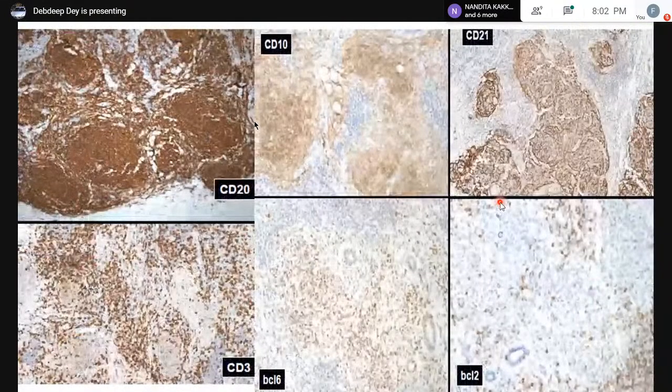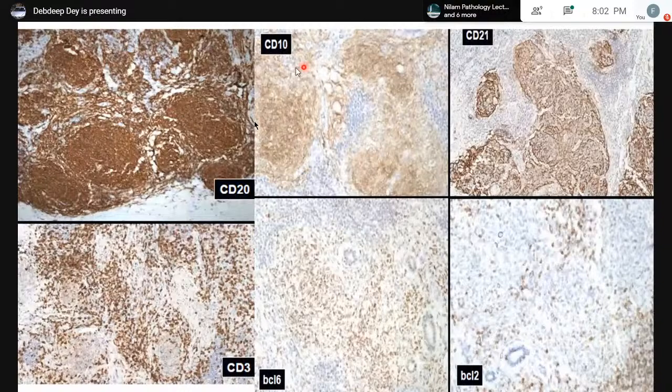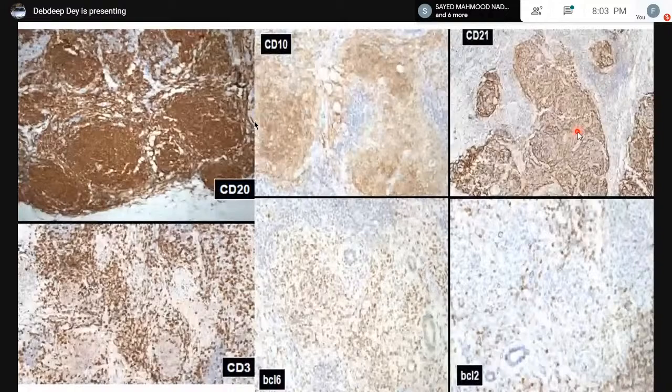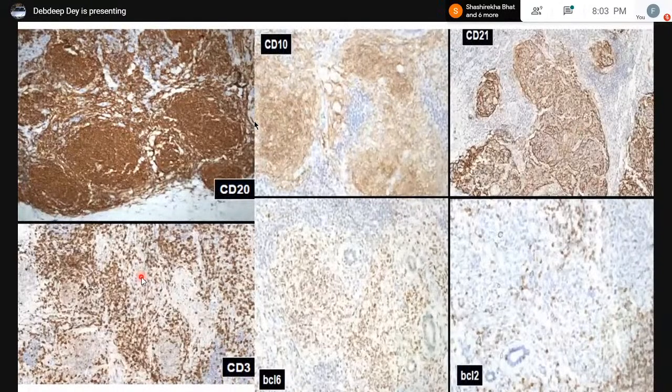And when you do your markers, the CD20 highlights the follicles, the CD10 is positive, the CD21 highlights the dendritic cell meshwork, the CD3 shows the background reactive lymphocytes, and you may think there's still quite a large number of CD3 positive cells, and there will be, that's part of the immunogenic mechanism.